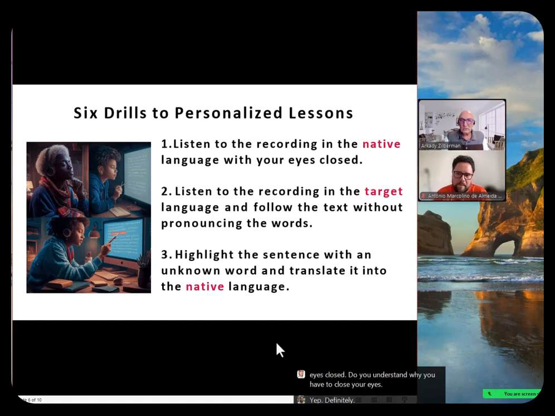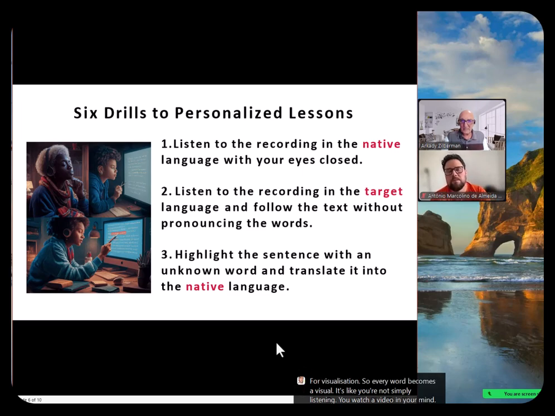Because when you close your eyes, 60% of brain power is freed, and it is used for visualization. So every word becomes a visual. It's like you not simply listen, you watch a video in your mind.